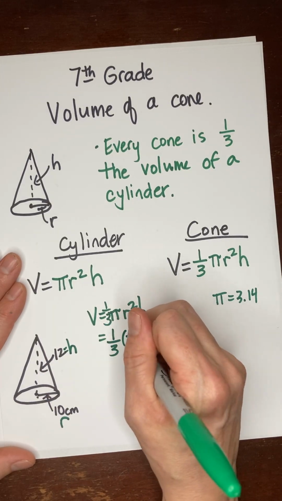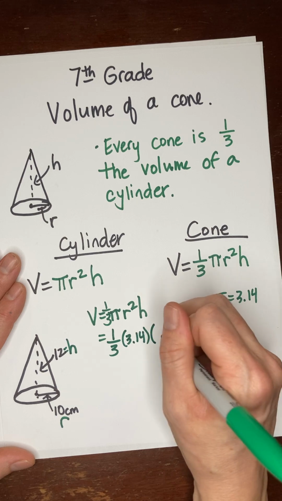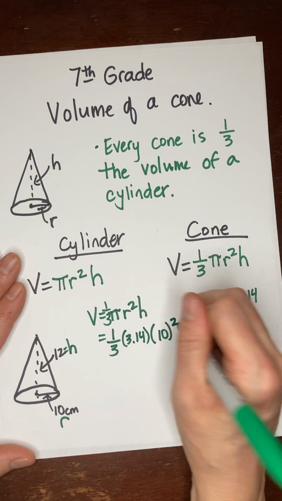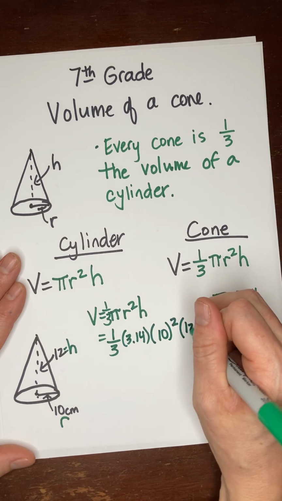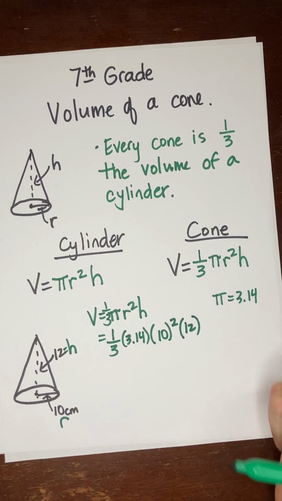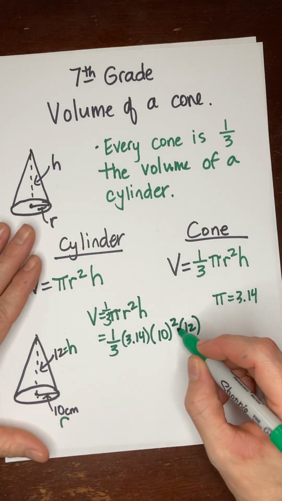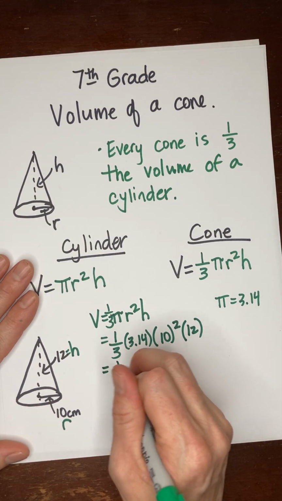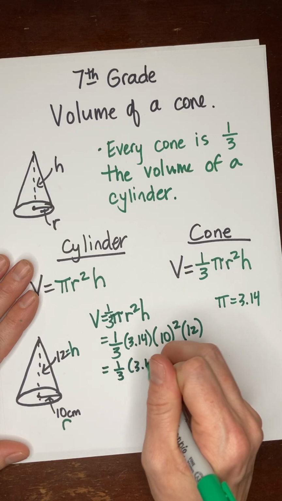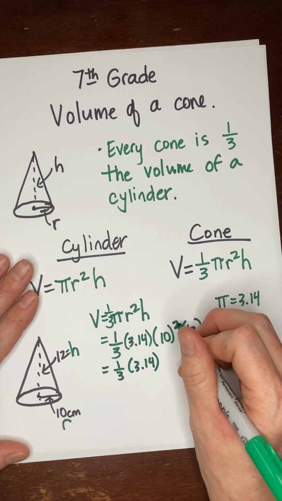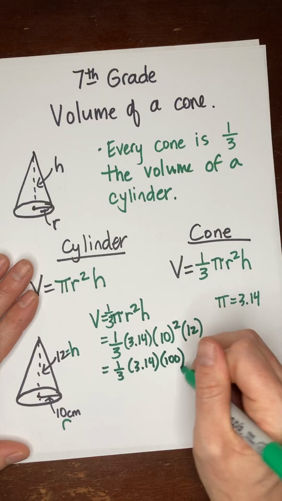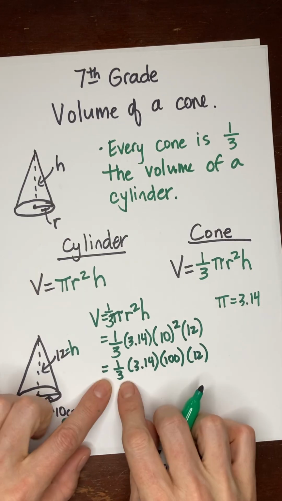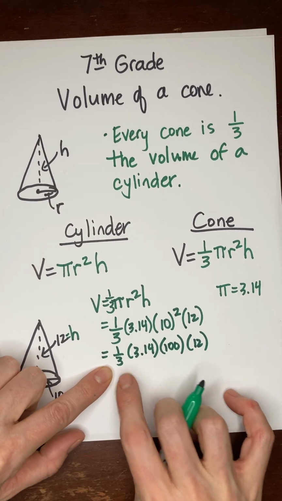So let's go ahead. 1/3 times 3.14 times 10 squared times my height, which is 12. Now, with my order of operations, I have to do exponents first, so let's do that before we start messing around with the rest of this multiplication. 10 squared is 10 times 10, and that's 100 times 12, okay? This fraction here, I want to try and get rid of the fraction if I can.